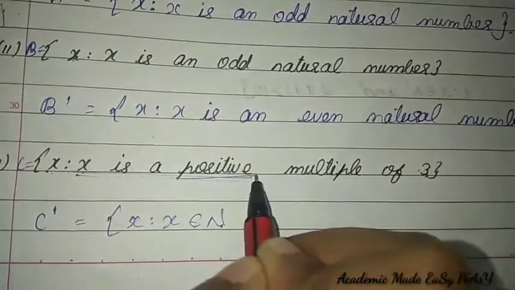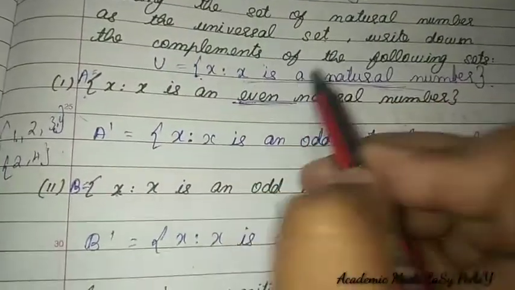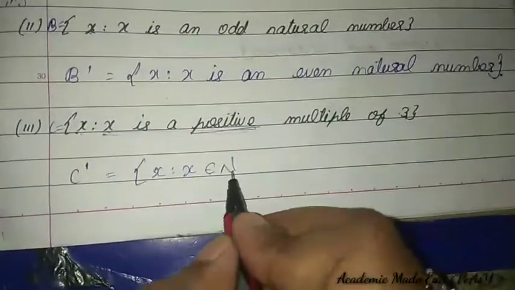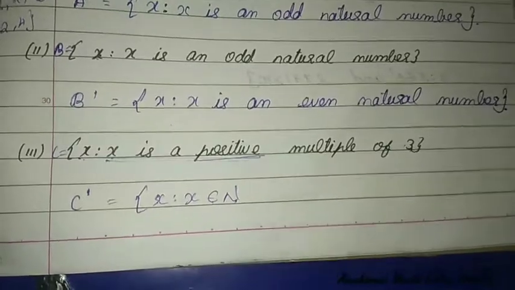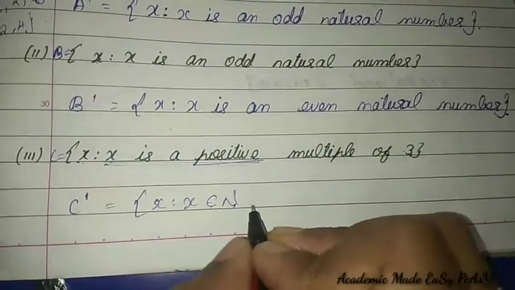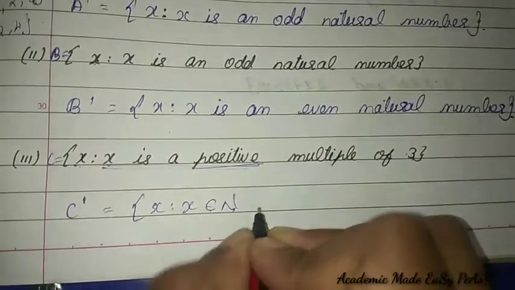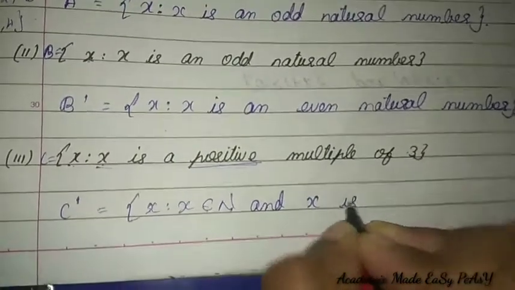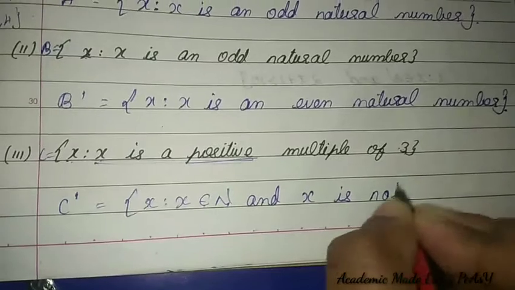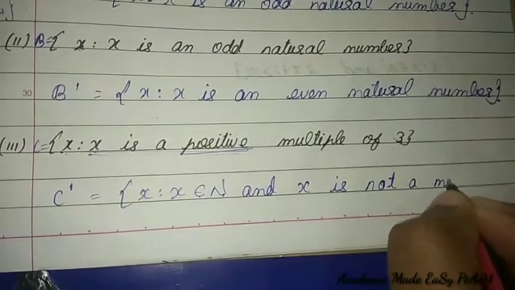Here it is positive, there in the universal set it is natural. So we are only concluding that x is a natural number, that is, x belongs to the natural numbers. But we have to write x is not a multiple of 3.